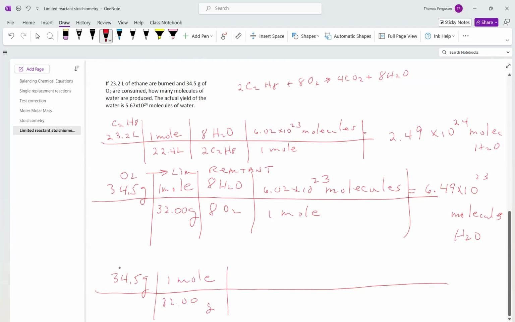And now we're going to go to this will give us how many liters of the ethane was used.